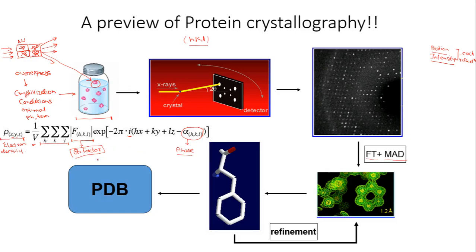This is how you solve the phase problem: by separately performing experiments like MIR, MAD or molecular replacement, you obtain the phase information, complete your Fourier transform expression and obtain the electron density map.